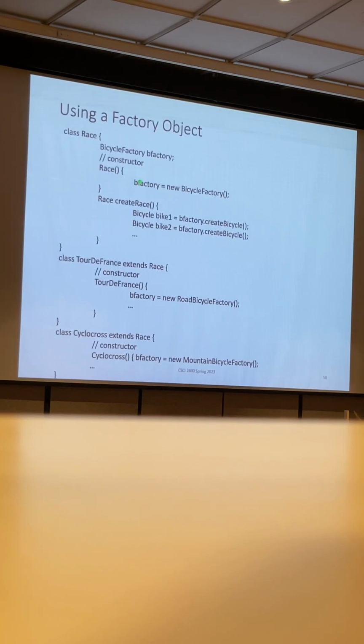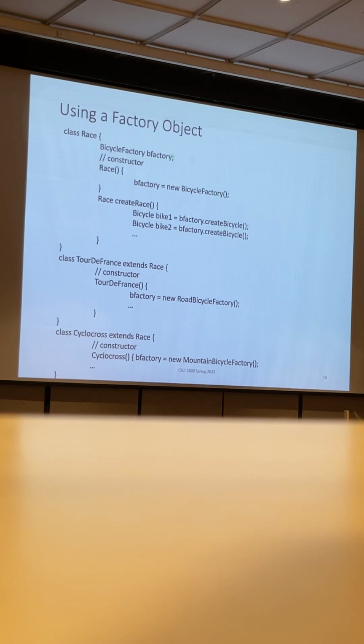All right, so how would that connect to the rest of the hierarchy, in particular the race hierarchies? It's going to be just one little modification. For a race to now be able to create the proper bicycles, it needs to have a bicycle factory object. So in the constructor of race, we have a B factory, new bicycle factory.